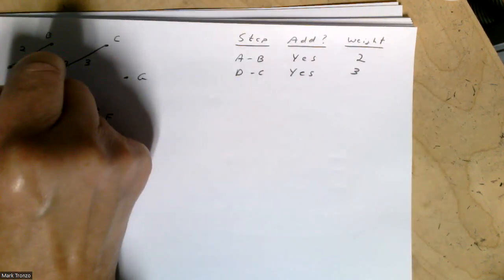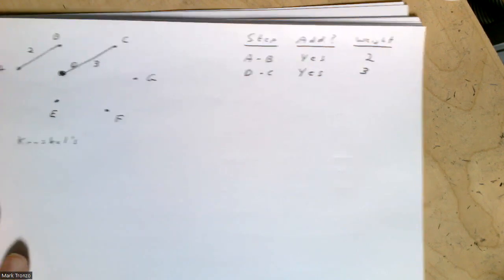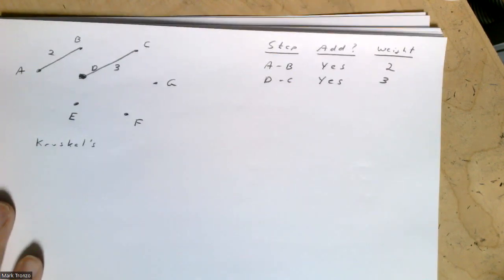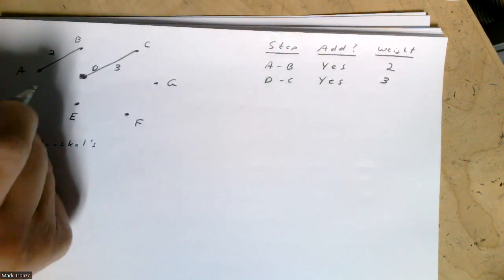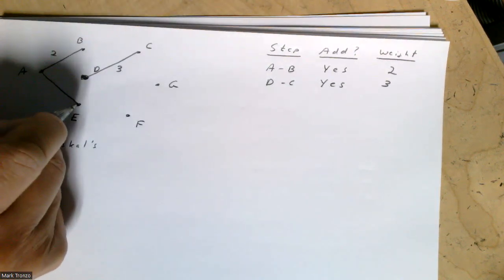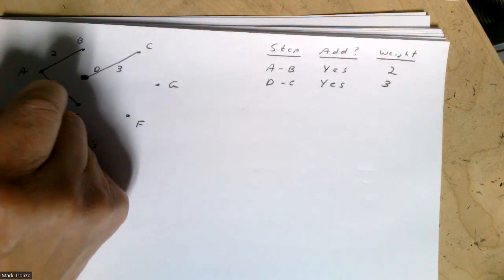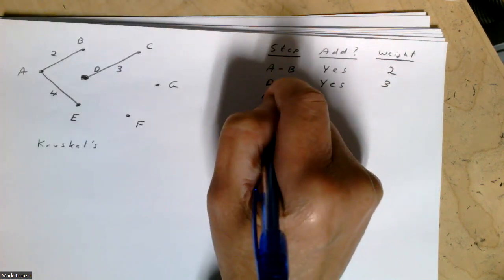And that's kind of messy there. And then we're going to add AE. That's the next one from our graph here. 4.